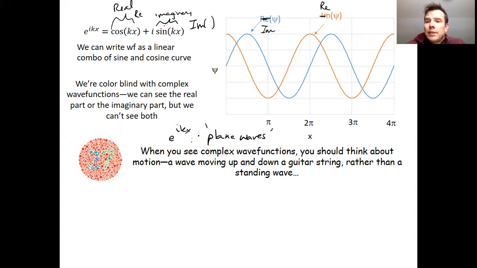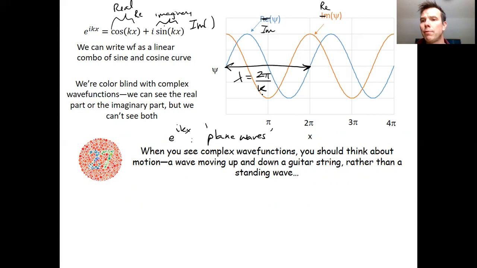We get another critical piece of information, which is this quantity right here. You'll recognize that this quantity right here is the wavelength of the system. And if you do some trigonometry, I hope that you can convince yourself that the wavelength of the particle is 2 pi over k. k is defined up here.